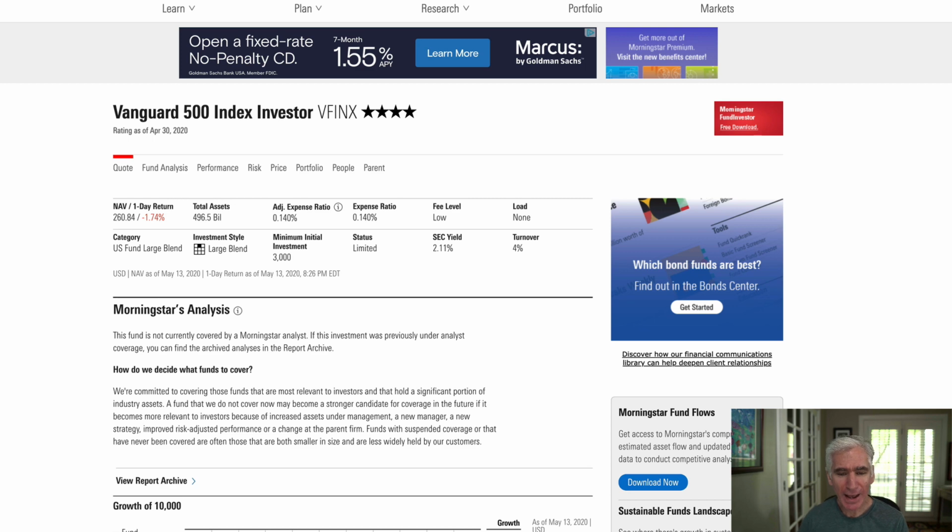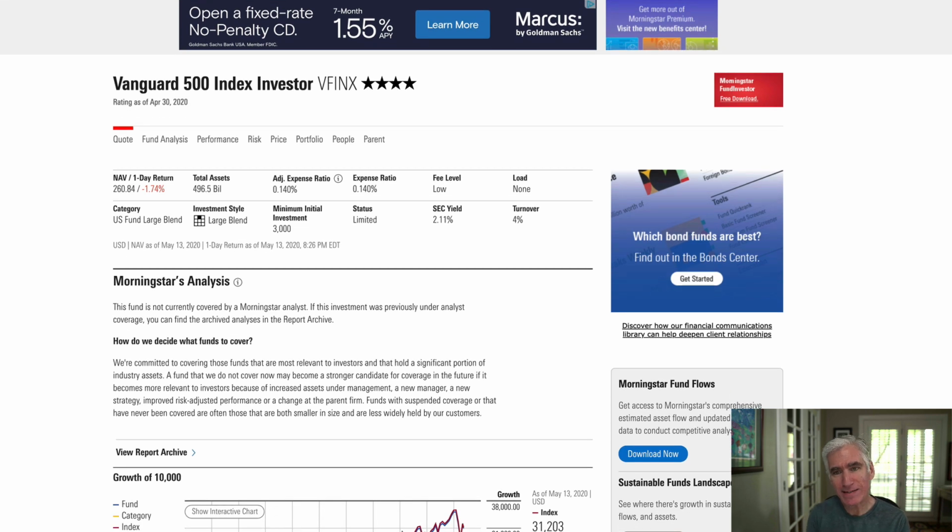So back to the investment style box. We're going to look at it today as it relates to stock mutual funds, and then in the next video we're going to look at the investment style box as it relates to bond mutual funds, because they show you very different information. So today is stocks, and it's really pretty simple.